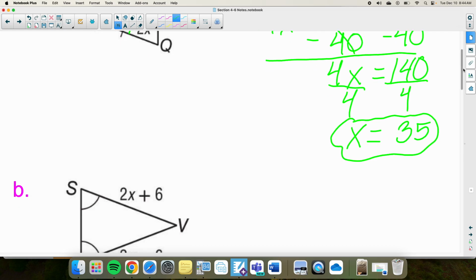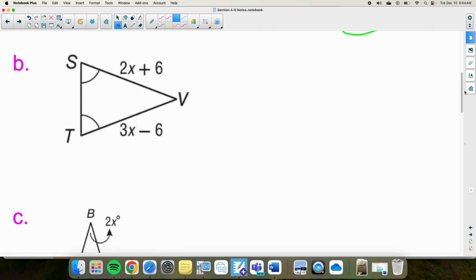Okay. Now if we look at this one, can anyone tell what I know about the two sides? They're equal. If these two angles are equal, these two sides are equal. So 2x plus 6 equals 3x minus 6.